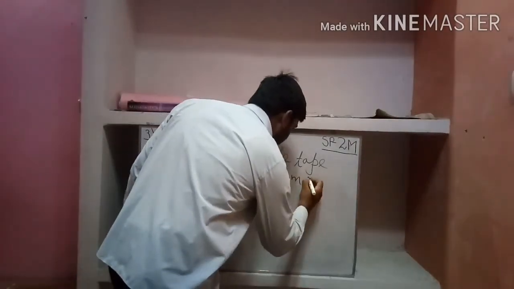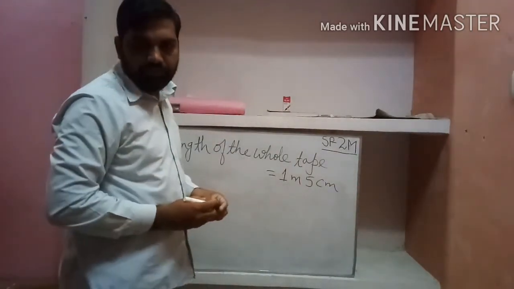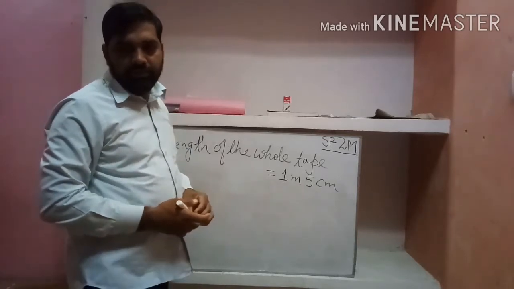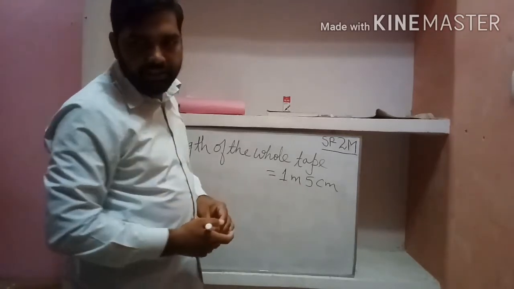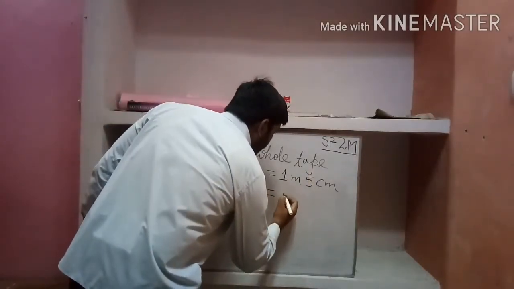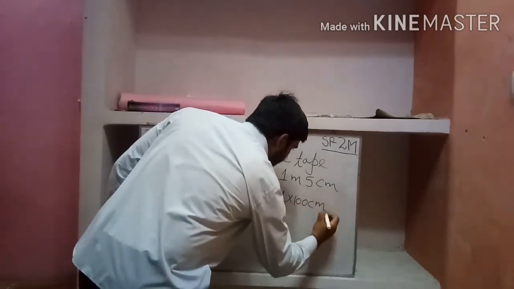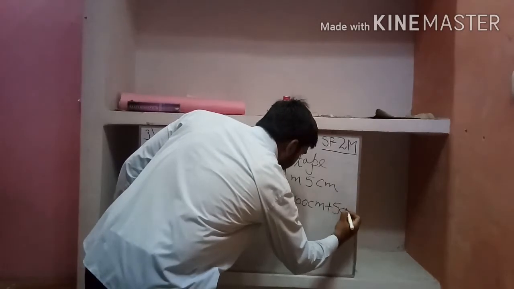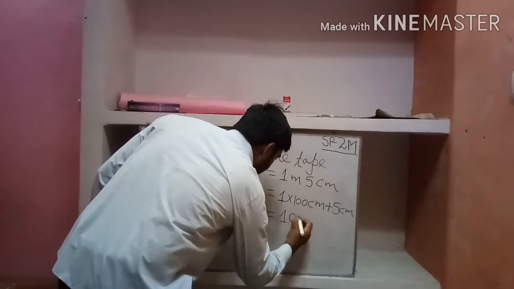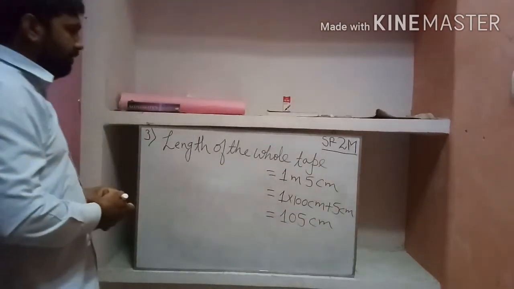Here the length of the small pieces of tape is 6 centimeter long. So here also we convert into centimeter, that will be easy for our calculation. So 1 meter, that is 1 into 100 centimeter plus 5 centimeter. So this 100 plus 5, you will get 105 centimeter. That is, we got the length of the whole tape.